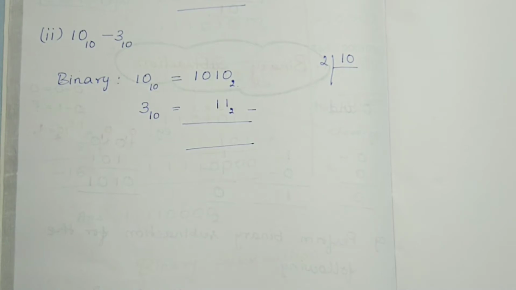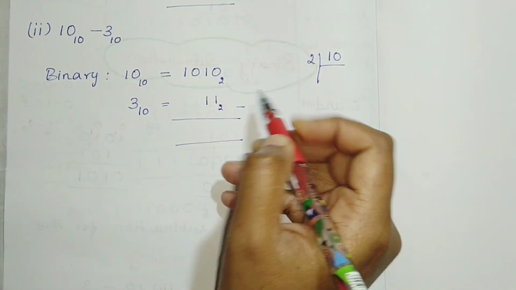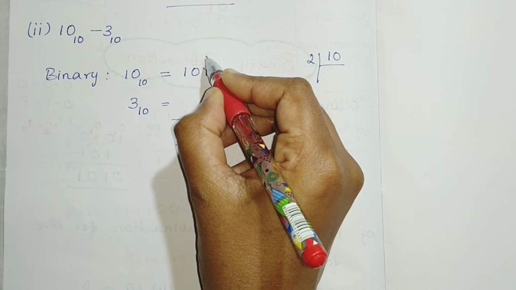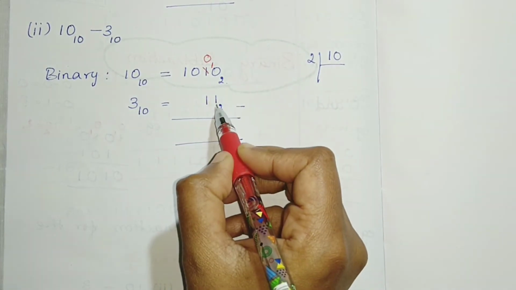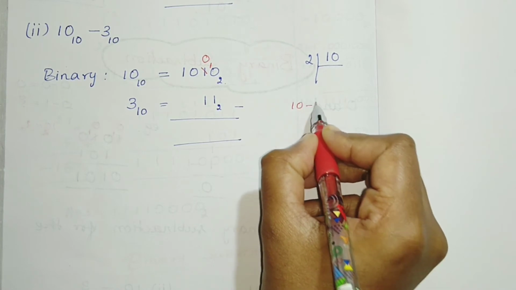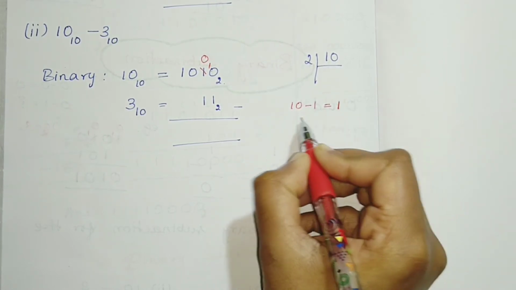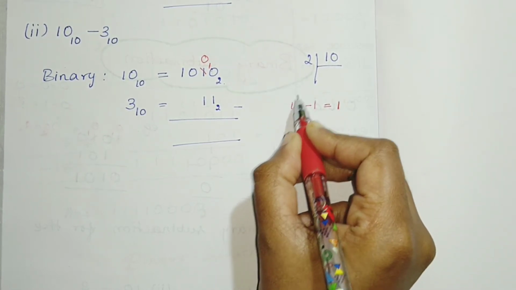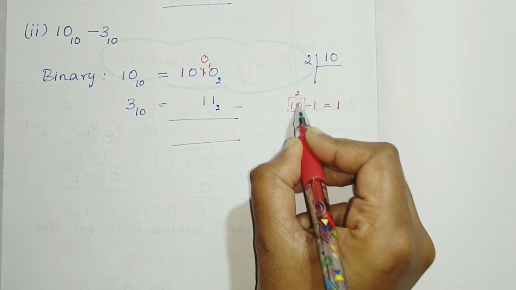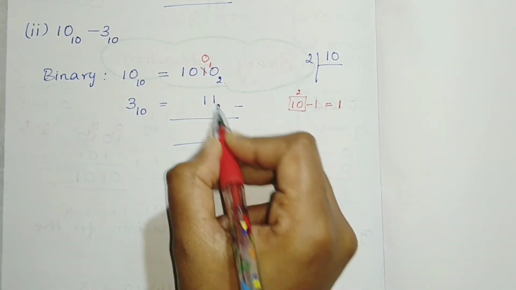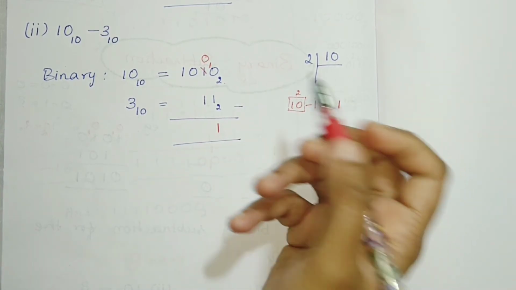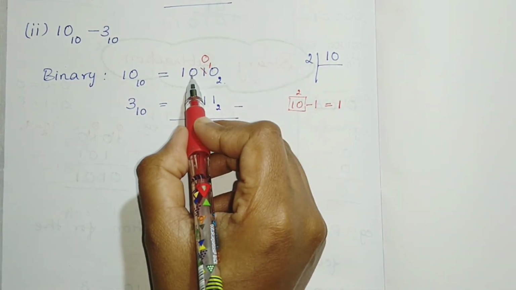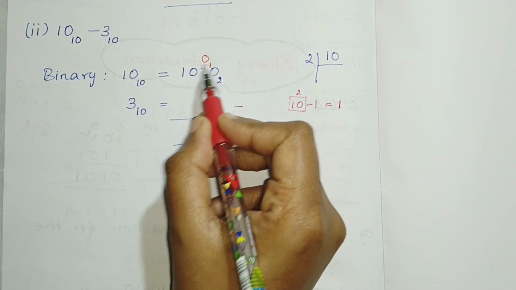So first step, 0 minus 1, which is not possible. You have to borrow 1 from the nearest significant bit. So 10, 10 minus 1 means actually it is 2 minus 1. 10 in binary is equal to 2 in decimal. So 2 minus 1 is 1. 0 minus 1 again is not possible. The nearest significant bit is also 0, so it is not possible to borrow.